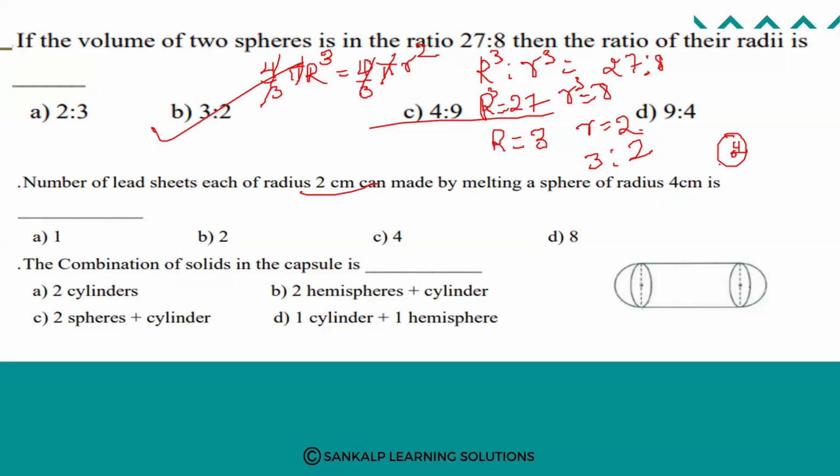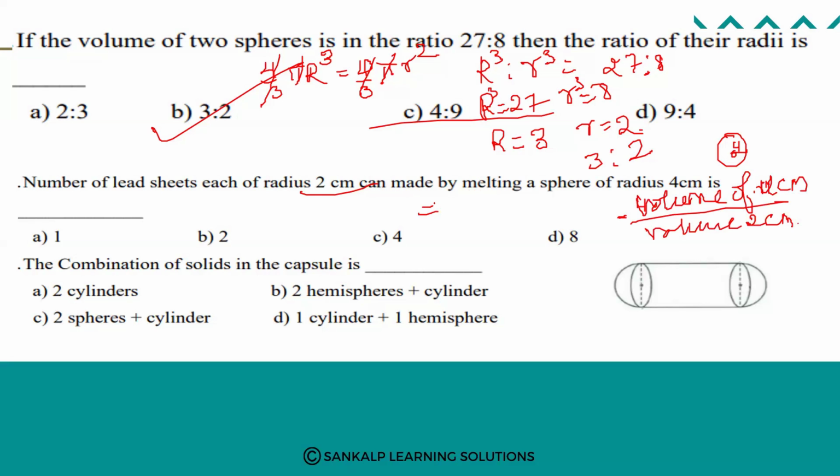Then we need to find out the total number of lead sheets, that is the volume of radius 4 cm divided by the volume of radius 2 cm, right?